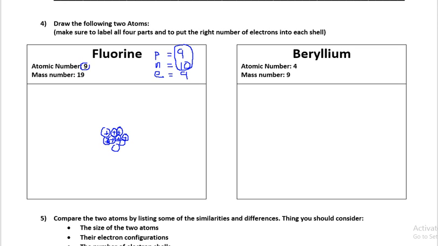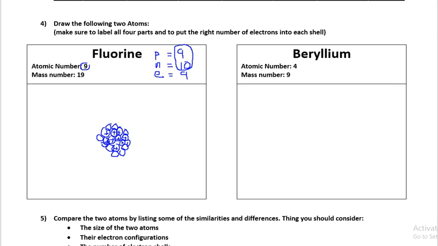Alright, so 9 protons, and then we put 10 neutrons as well. So 10, and where they are doesn't really matter. 3, 4, 5, 6, 7, 8, 9, 10. Okay, so pretty ugly, and some of mine overlapped there a little bit. I'm sure you guys can do heaps better.